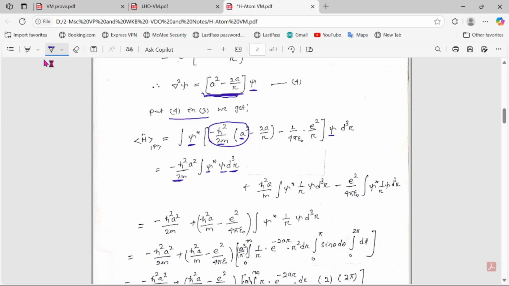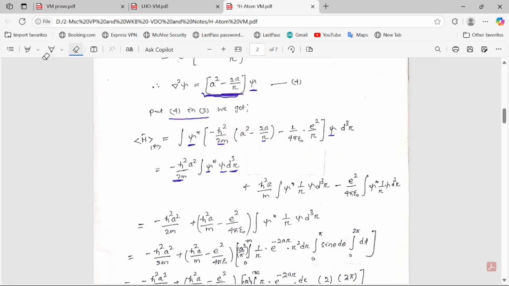Got it? Now the second term is this one, minus 2a by r, times minus h cut square by 2m. Here 2 gets cancelled, and minus times minus is plus, so it will be plus h cut square a by m.